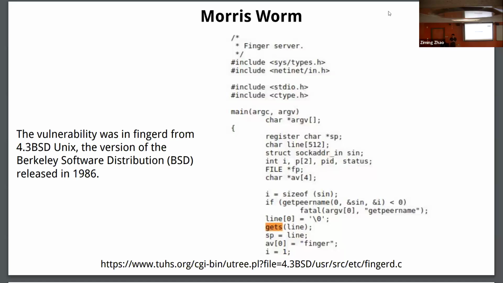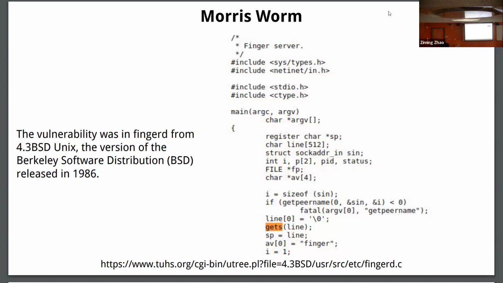We'll look at several examples. The very first real-world buffer overflow example is the infamous Morris worm. When we started talking about buffer overflow, I mentioned this. It happened in the late 80s.